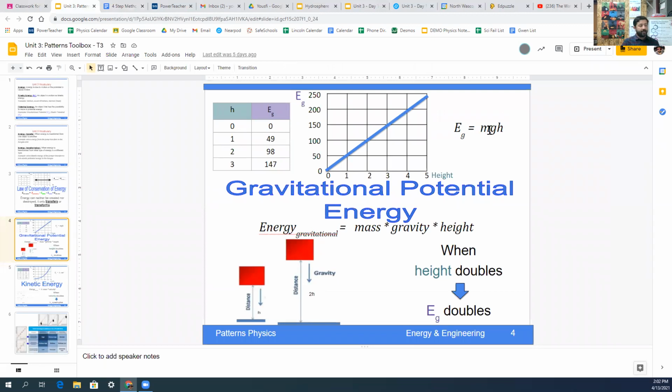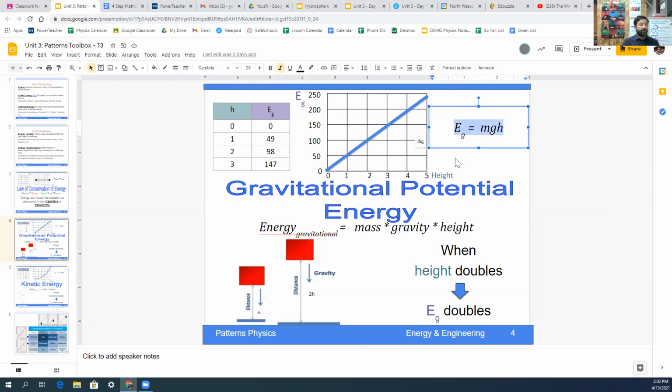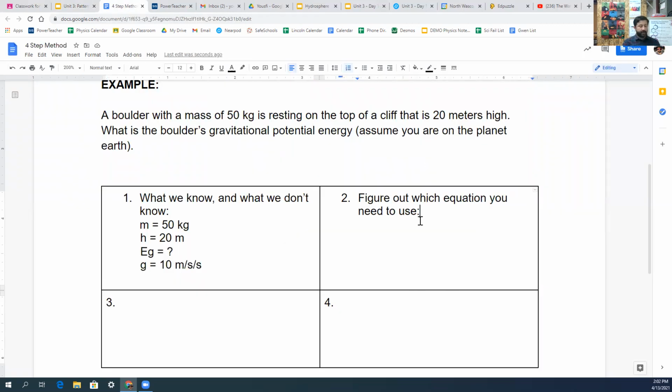So now that I have mass, gravity, and height, and I'm trying to find gravitational energy, this is the equation I'm going to use to figure that out. That's all I'm going to write in this next box. Gravitational potential energy is mass times gravity times height.